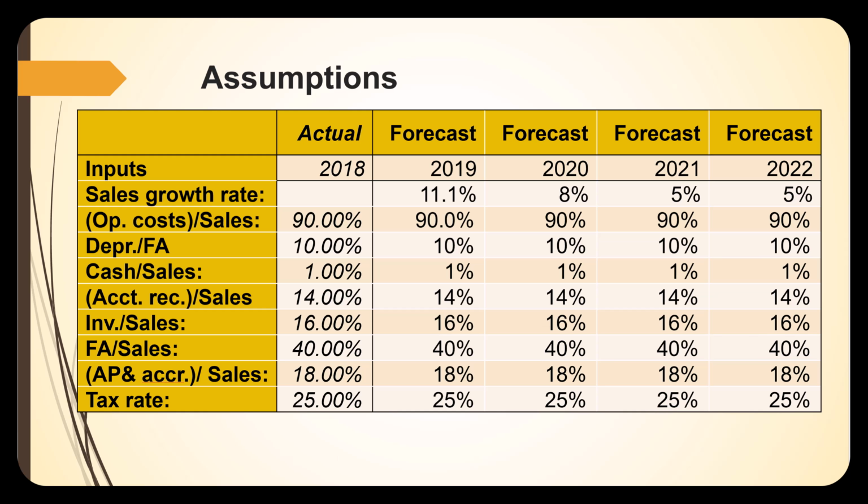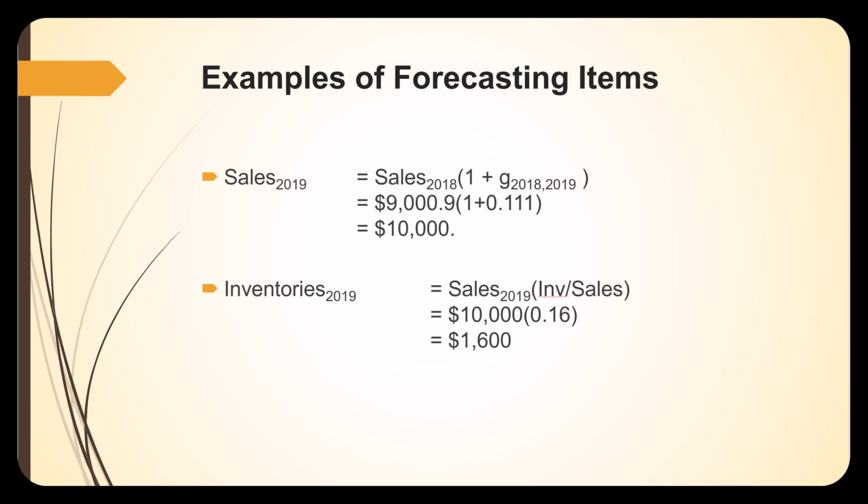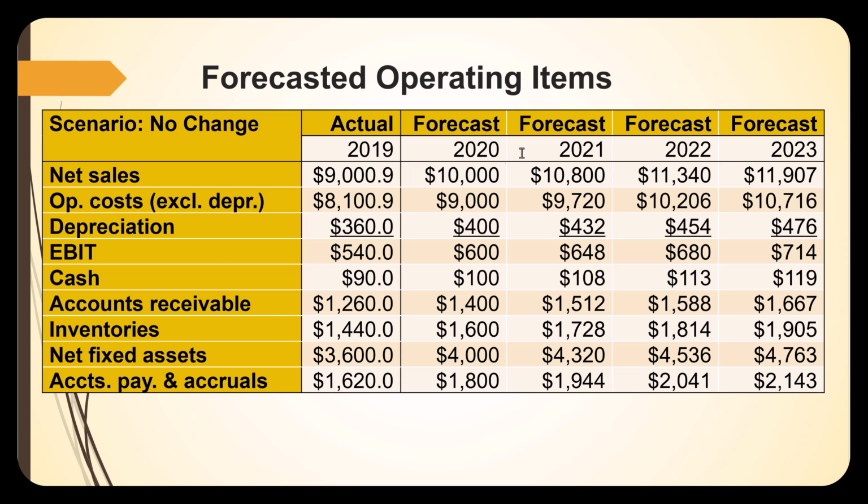So we need to calculate how this fits into our forecasted statements. And of course, it's pretty simple, right? To find the change in sales, you take the previous sales and multiply by 1 plus the growth rate. Same thing with inventory. So now we end up with these forecasted statements. These are operating statements, right?